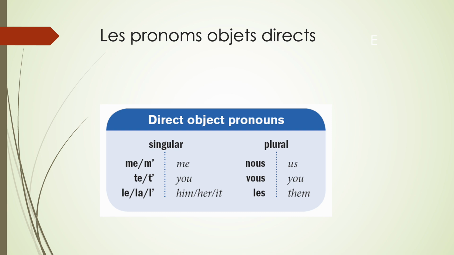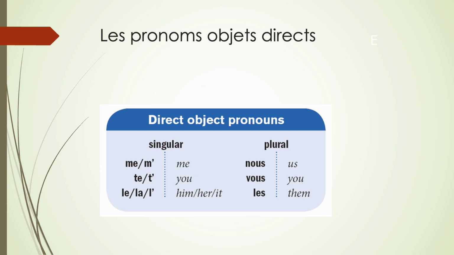Le, la, l'apostrophe, him, her, or it. Nous, for us, vous for y'all or you formal, and les for them. So these are pronouns that we can use to replace direct objects in a sentence.